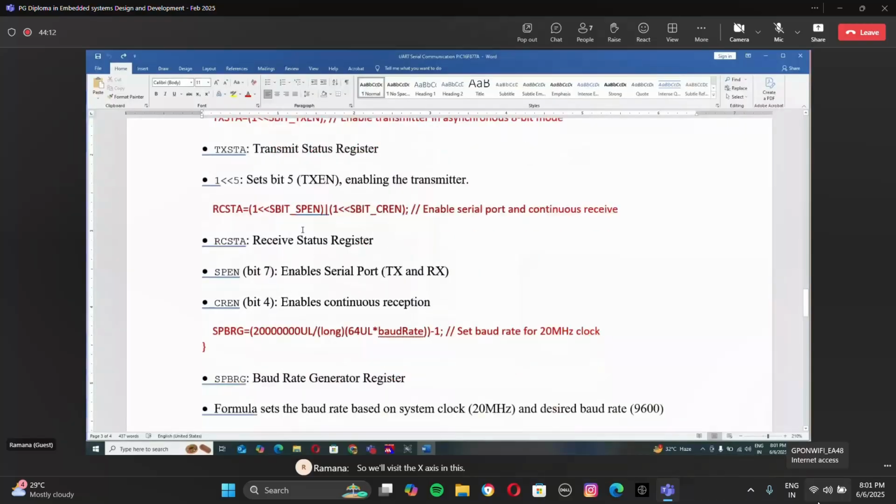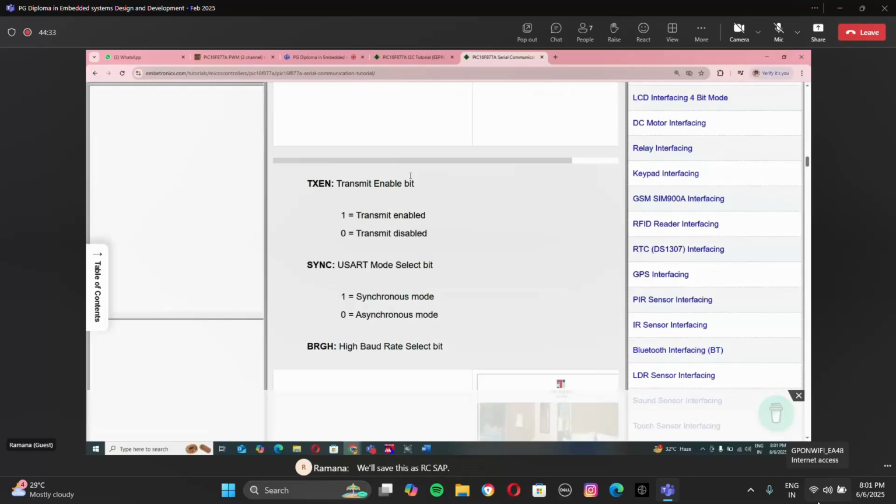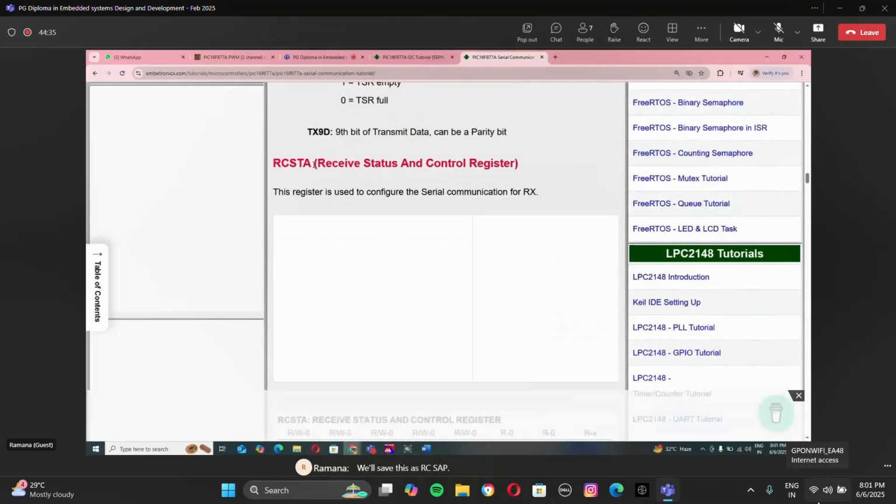Another is the receive status register. Here we are enabling SPEN. We'll see this register RCSTA, the next register, the receive status and control register.